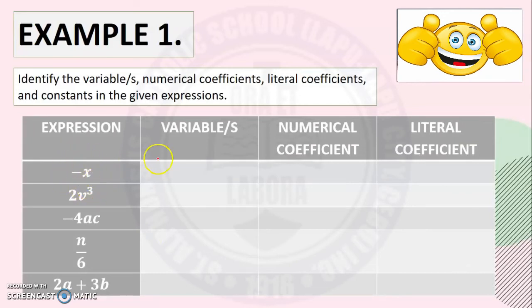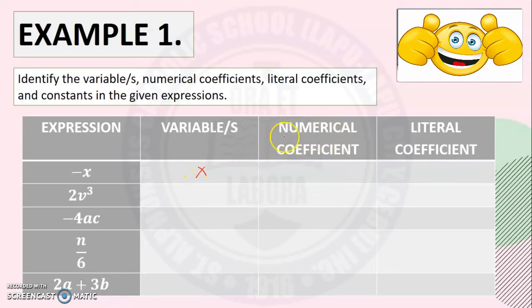In this expression, the variable used is x. Again, always remember, variable is just a letter or a symbol which represents another number or an unknown value. So we have x as the variable or letter used.